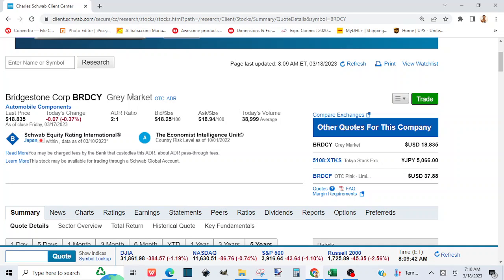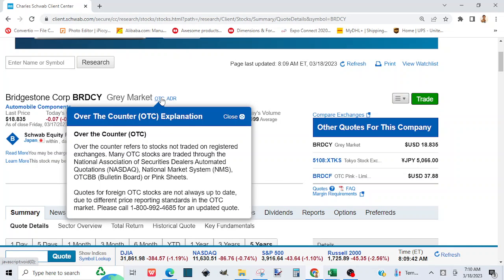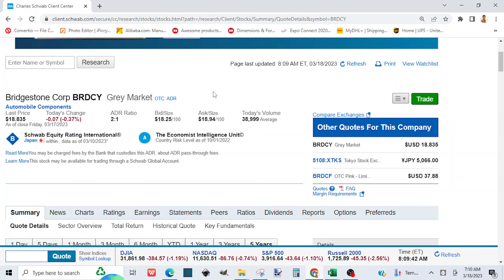It's a gray market, or OTC market, OTC meaning over the counter, and I do not want to invest in those companies. But it does not necessarily mean that the company is not a good one. You can choose, and personally I prefer NASDAQ and the New York Exchange, but some international companies might be on OTC.